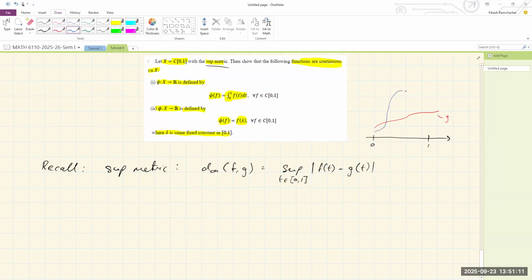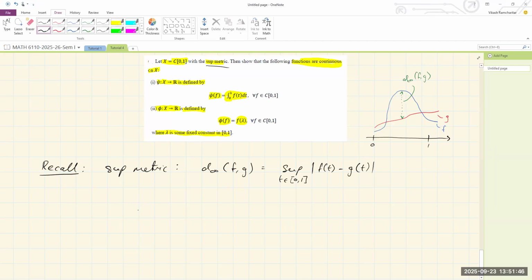Maybe this one does something like that, so this one is f. So where is the distance between these two functions largest? Yeah, this distance, that is what d infinity of f, g is going to give you. It is the largest distance between them.